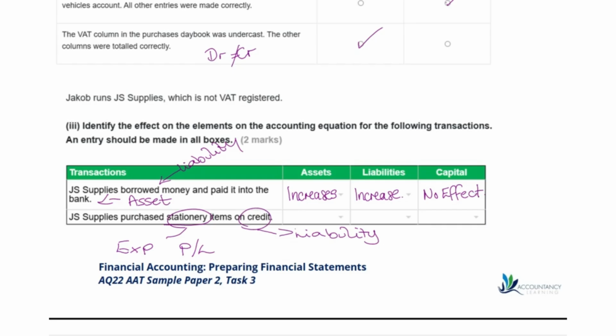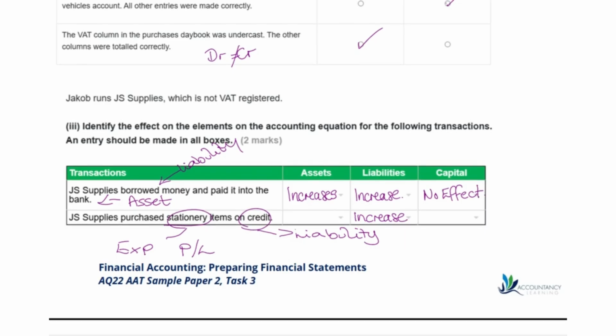So we've purchased more on credit, so our liabilities increase. And because it's more expenses, it's going to reduce our profit, which means it's going to decrease our capital. And there'll be no effect on assets.